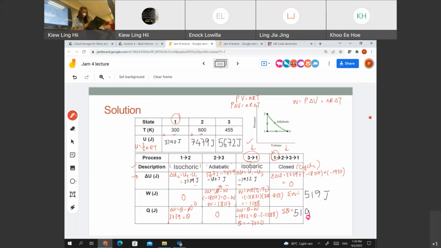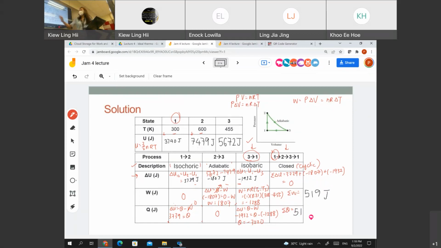Okay, correct. Both of them are 519. So only delta U will give you a total of 0 when it is a cyclic process. But the work done and heat, no, because work done depends on the pathways.